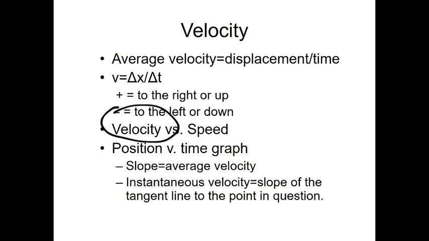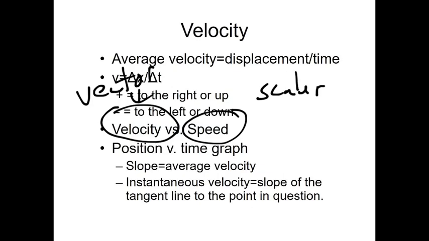Velocity is a vector, which means direction matters, whereas speed is a scalar. So for velocity, we might say that an object travels at 22 meters per second to the right, or plus 22 meters per second. Whereas speed, we would just say it travels at 22 meters per second. No plus, no minus, no right, no left, no up, down.